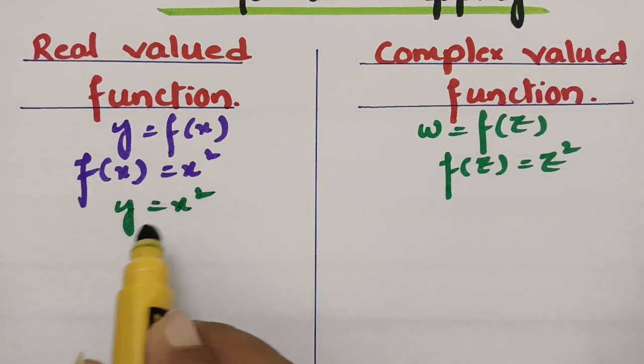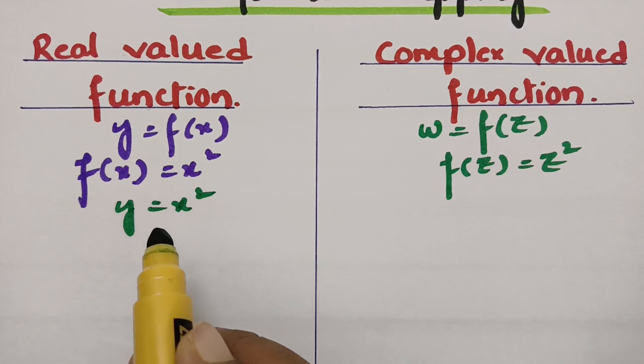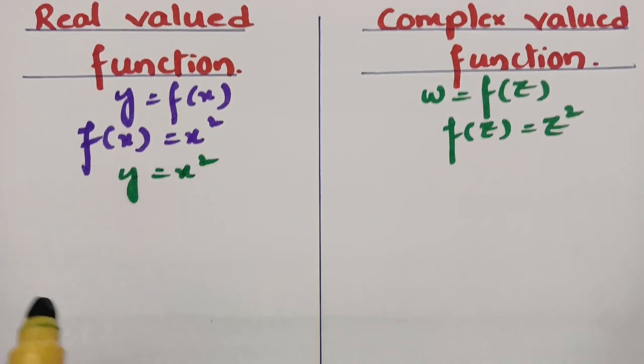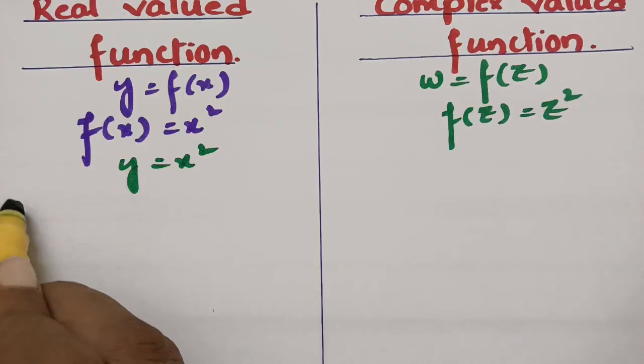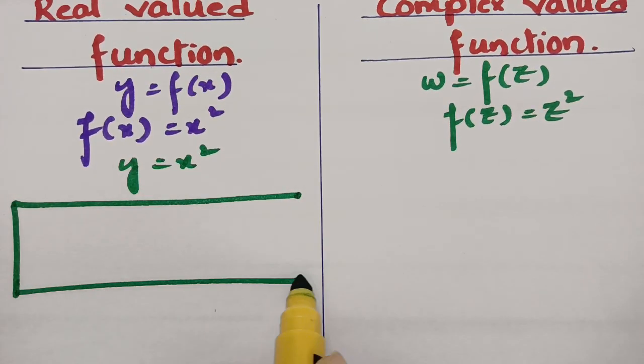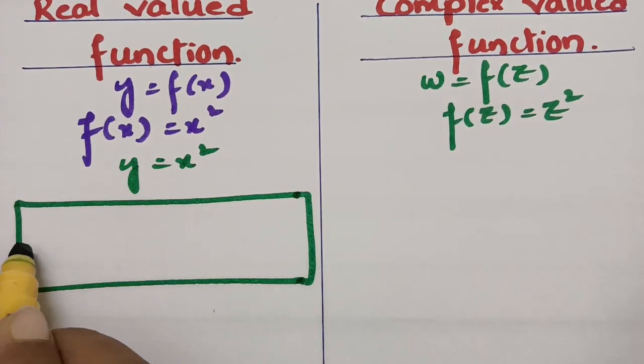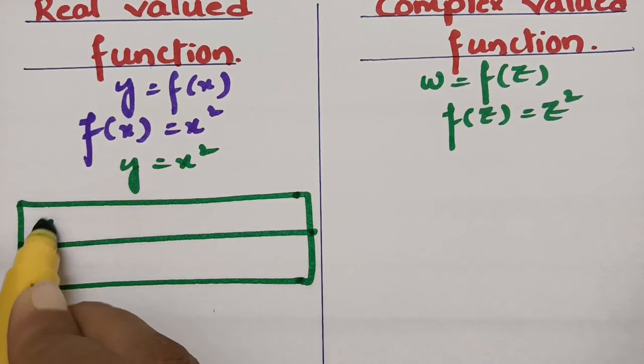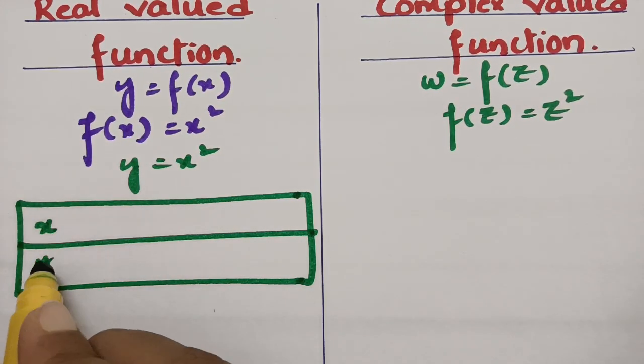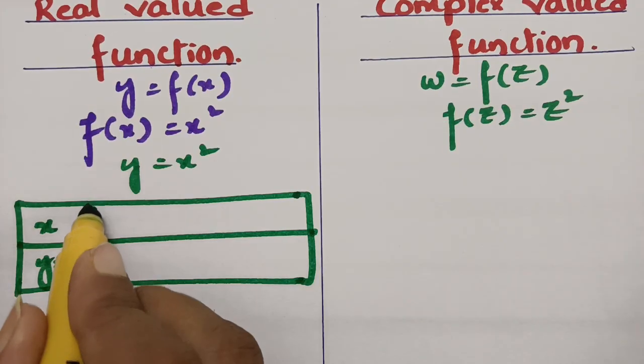So here there are two variables, x and y, and we can easily represent them in a graphical notation. If I take a few values for x, the y values will vary depending upon the x values. See here, these are x values and these are y values. So y is equal to x square here.